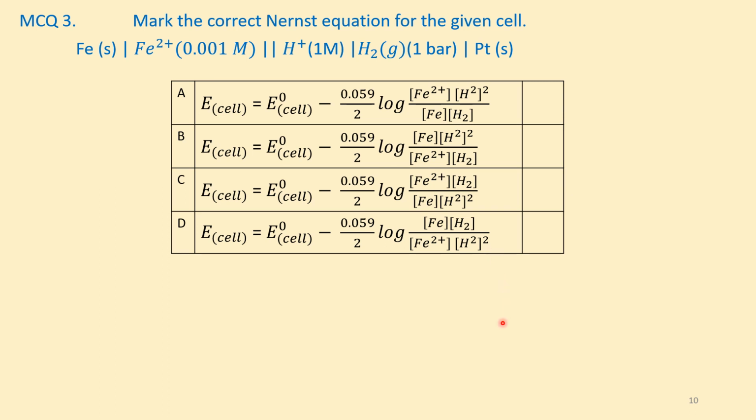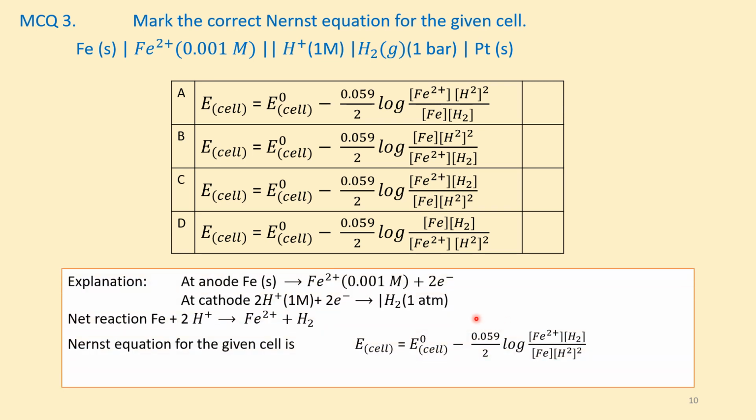So you have to write the equation and correctly identify the products and reactants. At the anode, the reaction is Fe(s) forms Fe2+ (0.001 M) plus 2e-. That is, it loses 2 electrons. And at the cathode, 2H+ of 1 molar concentration gains 2 electrons and forms H2 hydrogen gas at 1 atmosphere.